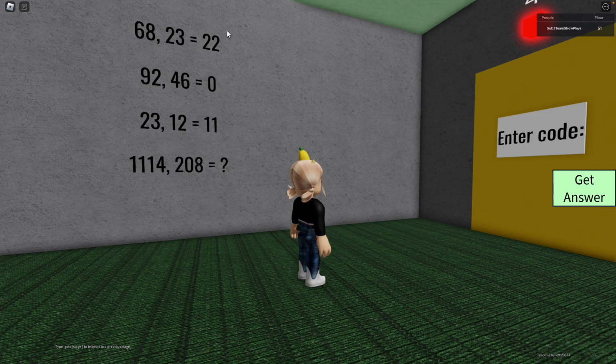If I did that same logic with 1114, I keep the 4 separate and take this 111 and add it to the 4, which is 7.